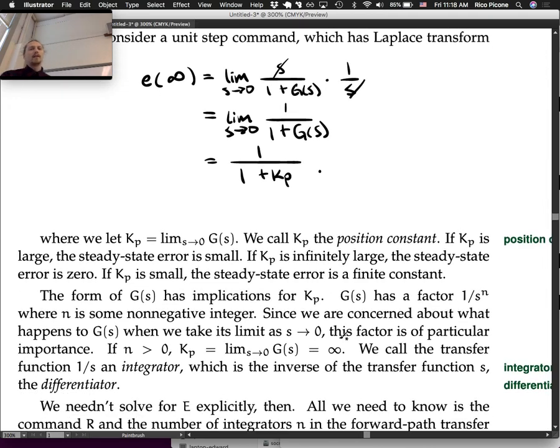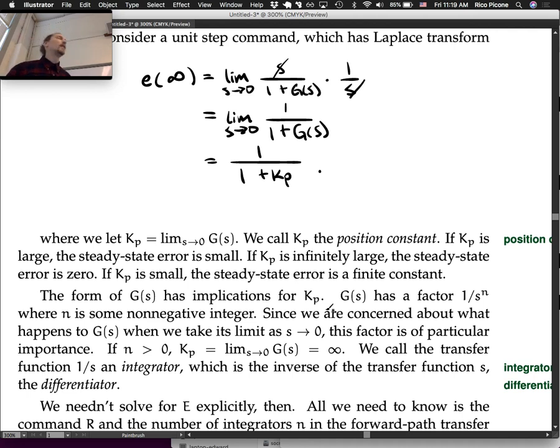The form of g of s has implications for kp. Since g of s is what we're taking the limit of, it affects kp. So g of s has a factor 1 over s to the n, where n is some non-negative integer.